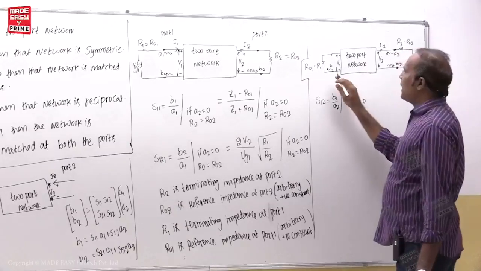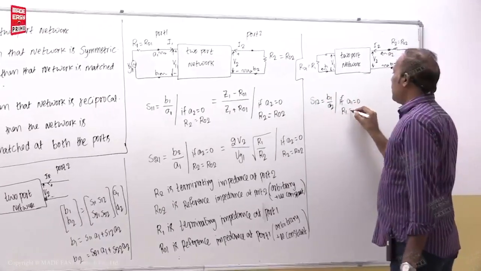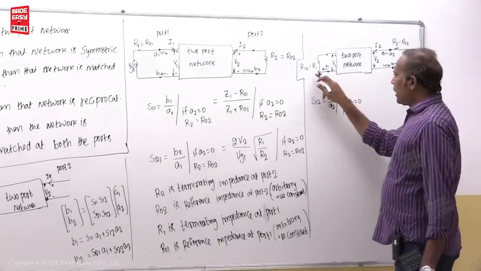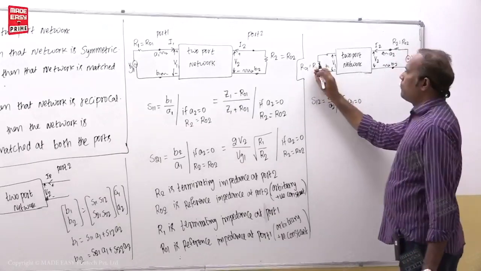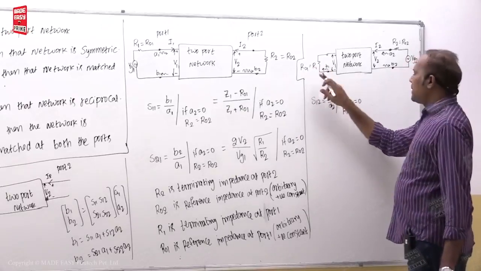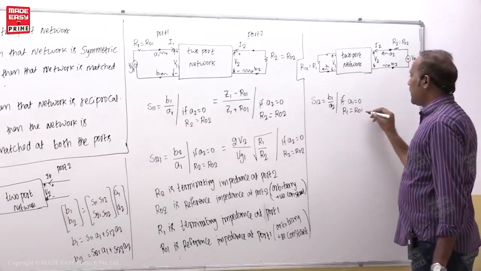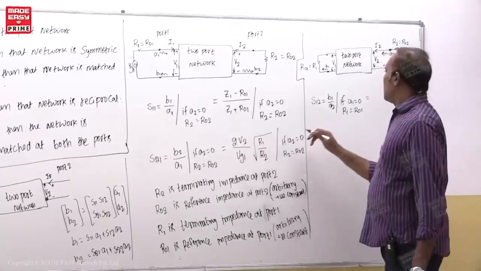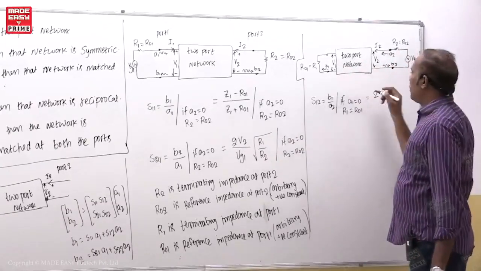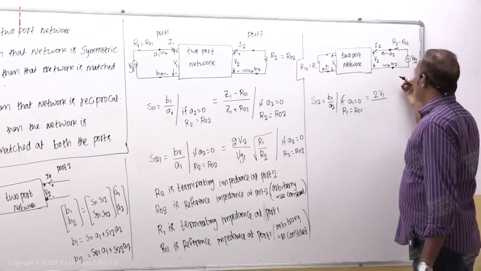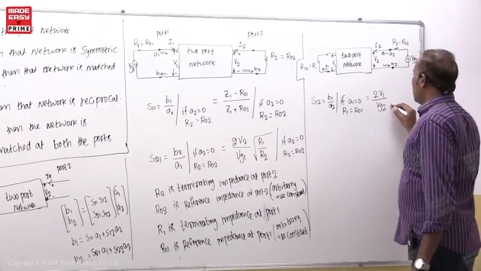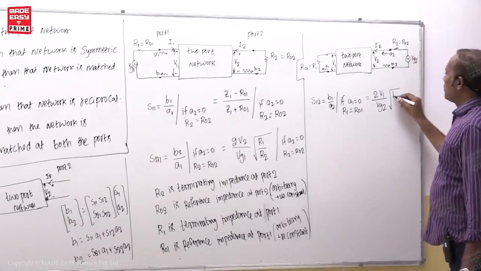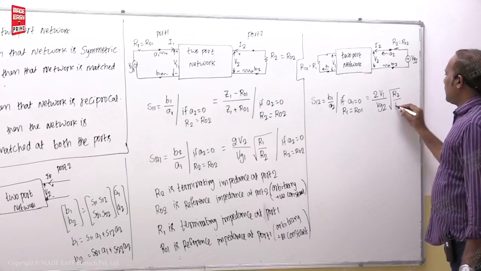For that purpose, to make that 0, we have taken the terminating impedance at port 1 equal to the reference impedance. Now this formula is similar to this one: 2 times of this side voltage divided by VG2, multiplied with R2 divided by R1.